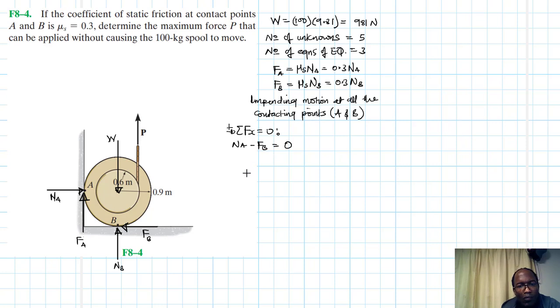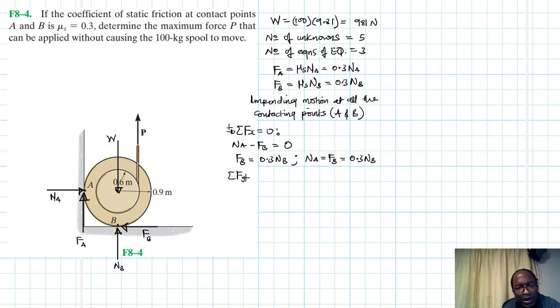And we know that FB is also equal to 0.3 NB. Therefore NA is equal to FB, which is equal to 0.3 NB.